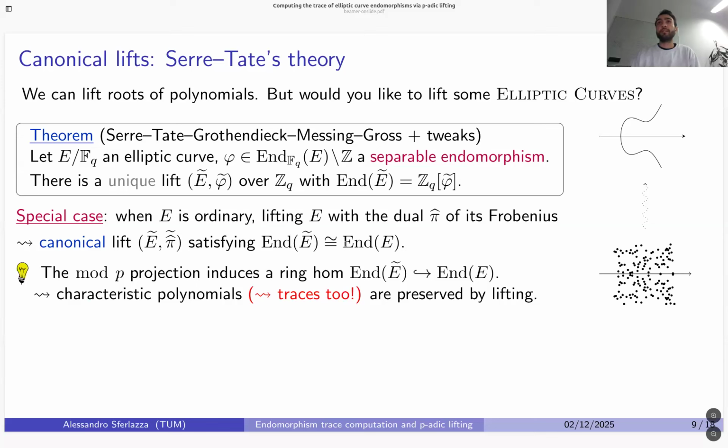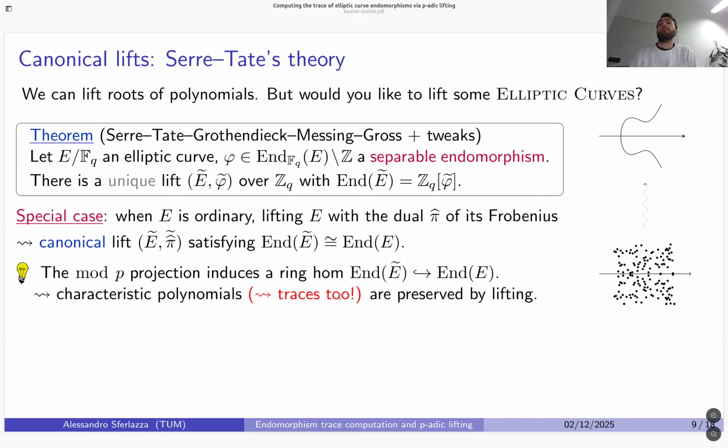In general, of course, the endomorphism ring of the elliptic curve below will be larger. For example, on a supersingular curve, you get a lattice in a quaternion algebra, so rank 4 instead of rank 2. But we always have at least an injection from the endomorphism ring of the thing above to the endomorphism ring of the elliptic curve below.